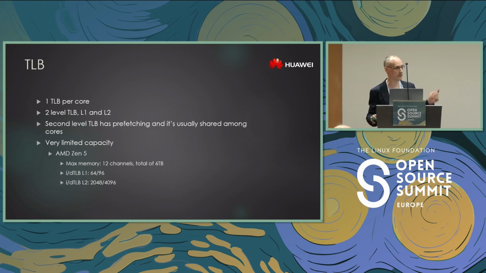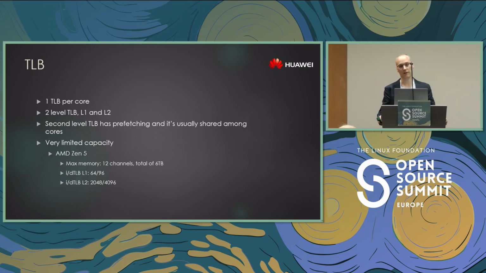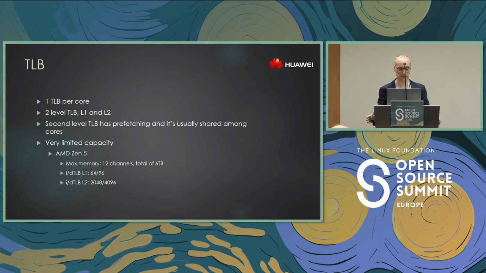The problem that we have with the TLB, and this has been a serious bottleneck in production, is the TLB size, which is very, very limited. I got an example from the internet: an AMD Zen 5 processor with up to 12 channels and a total of 6 terabytes of memory, and still the L1 I and D TLB is 64 to 96 entries, and the L2 I and D TLB is 2048 to 4096 entries.